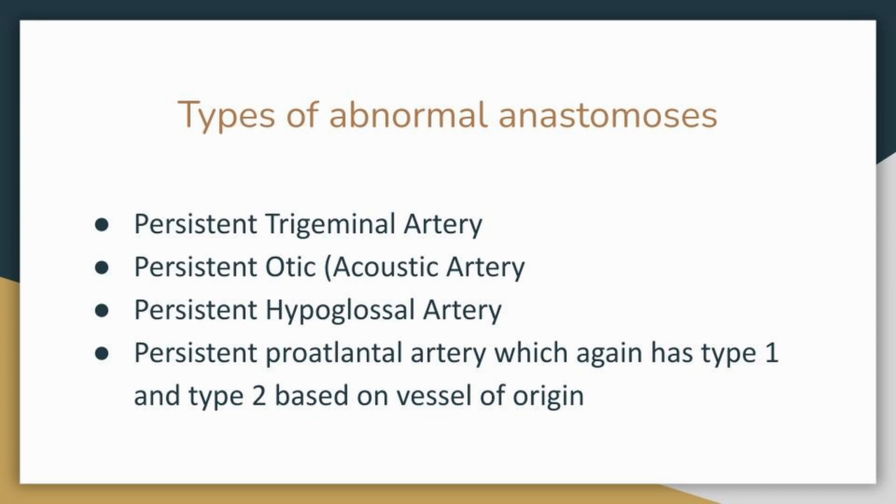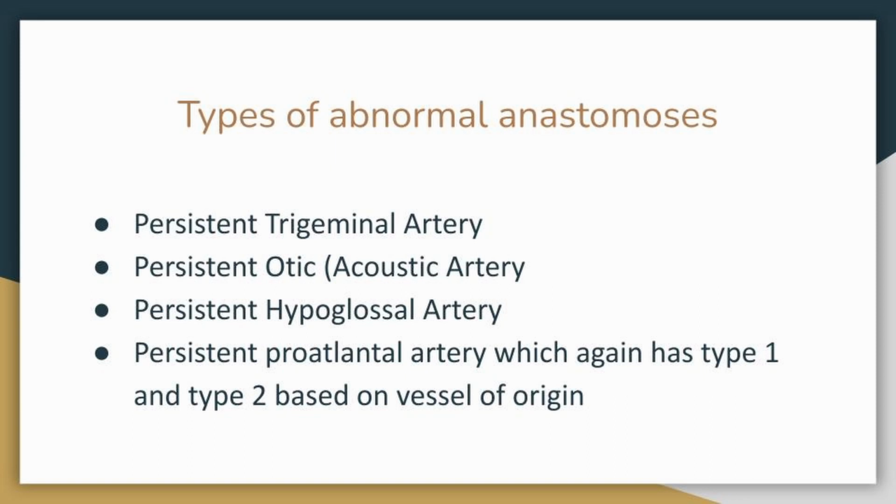It is very rare because normally it is the first anastomosis to regress. Following this, we have a persistent hypoglossal artery. It arises from the cervical ICA at C1 to C3 levels. When I say C1 to C3, I'm not talking about the Bouthillier classification, I'm talking about the vertebral levels.